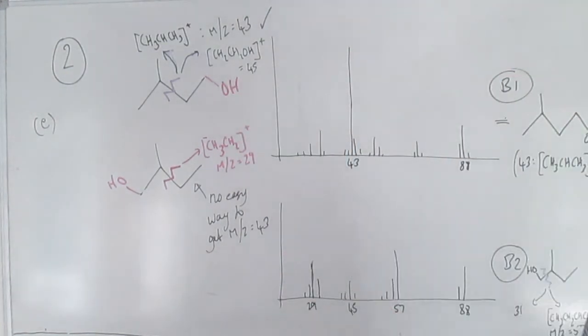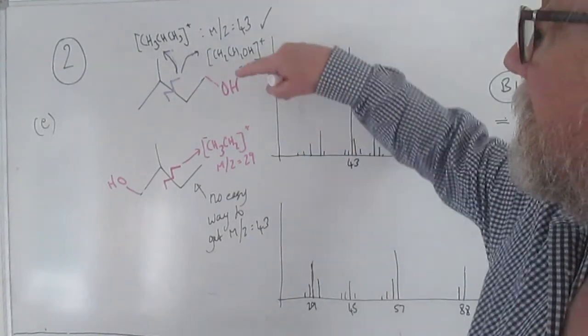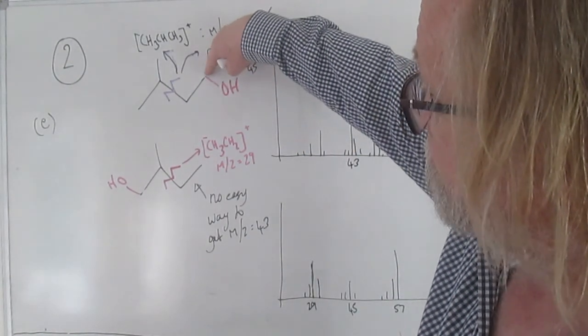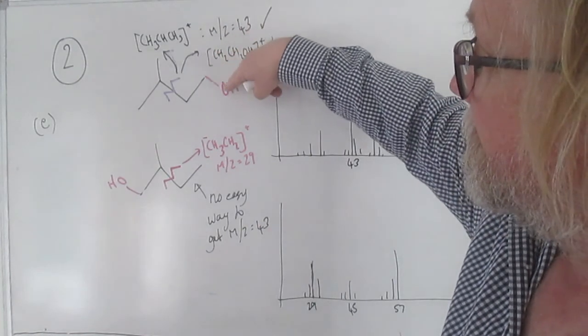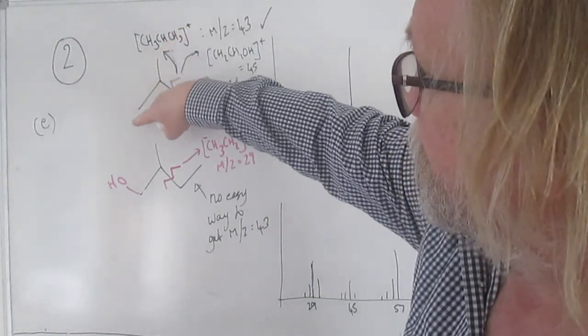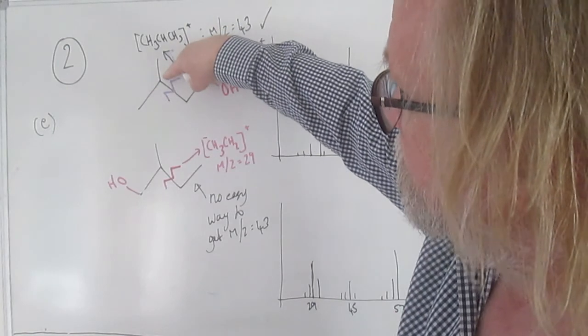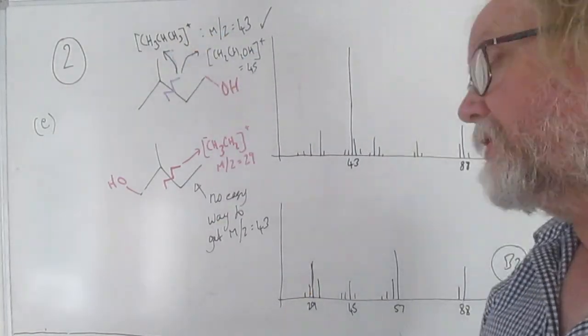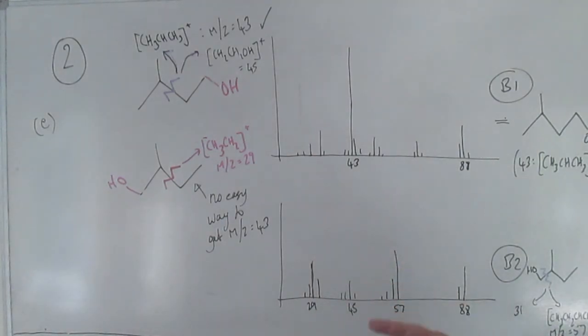And there actually is no easy way to get 29 from that one, because if you break off CH2OH, that's 31, so that's too much at that end. And here you can break off a methyl group of 15, but because of that branch in the middle, you can't actually break off an ethyl group. So there is no way easily to get 29 from that one. So that again is consistent with B2 having this structure, because it can give you the 29, whereas that one can't. So that's kind of icing on the cake. The 43 peak got it for you anyway, but the 29 confirms it.